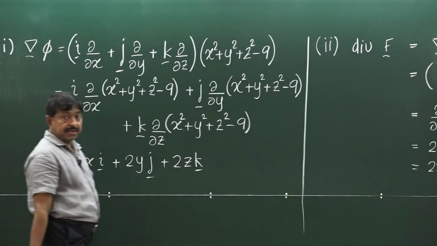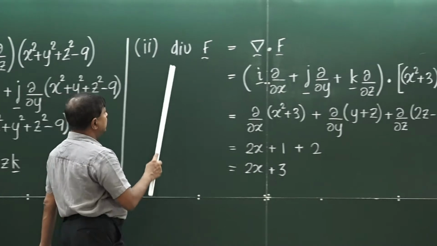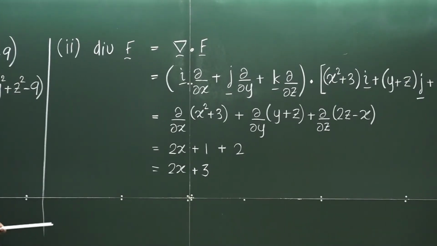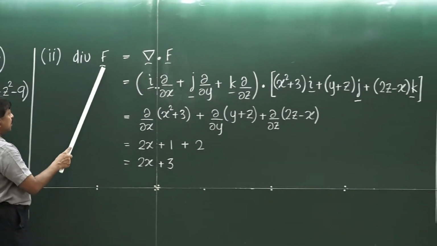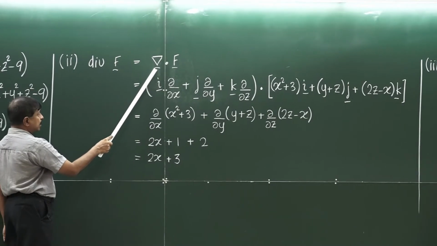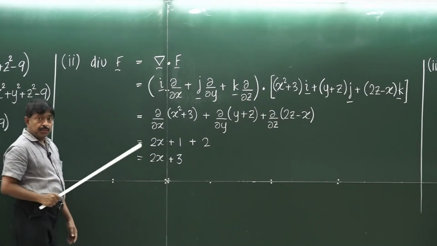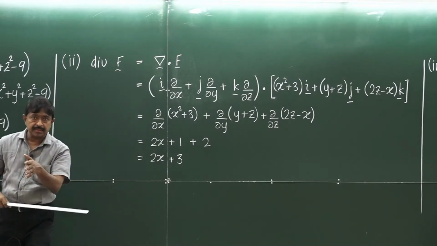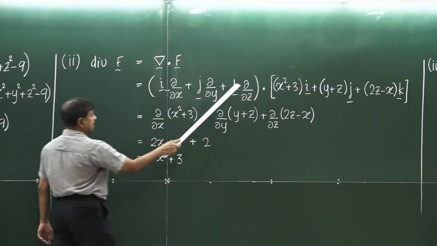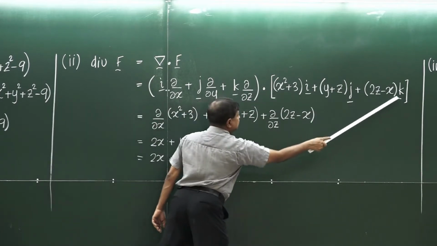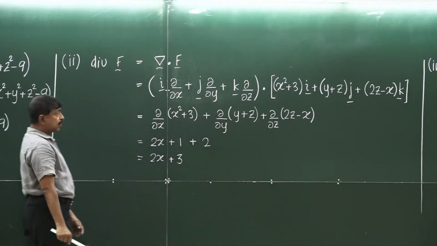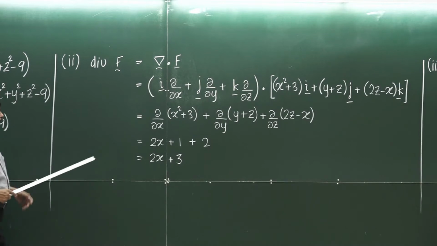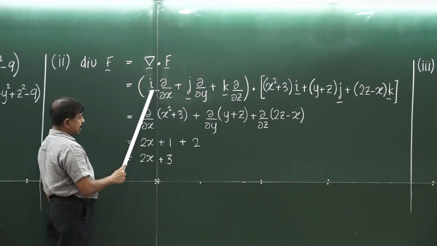It is quite straightforward. Now, let us find div f, divergence f. Divergence f is the dot product between these two, where the grad operator comes first, right. So, this is the grad operator dot the vector field given in the problem. Now, in this case, first you have to get the dot product.